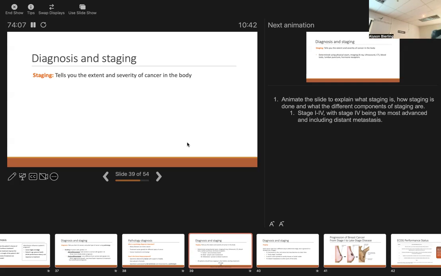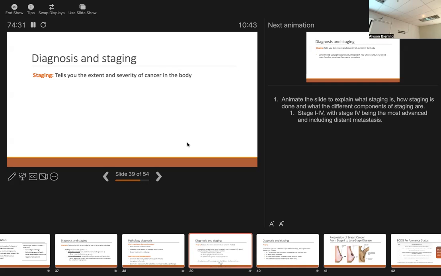If we think back to that example of the melanoma that developed in the epidermis, that cancer initially was just confined to the epidermis, and then it started to invade the basal layer, started to invade the dermis, and then eventually spread into the bloodstream.